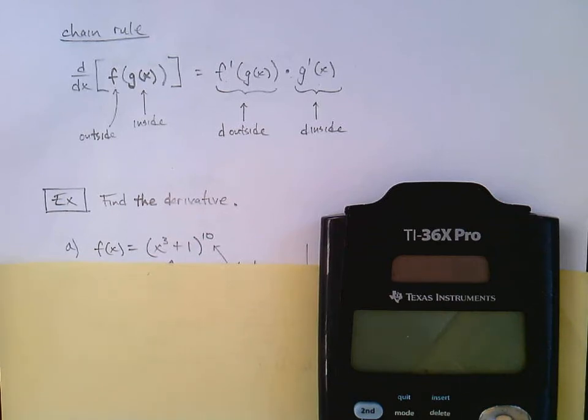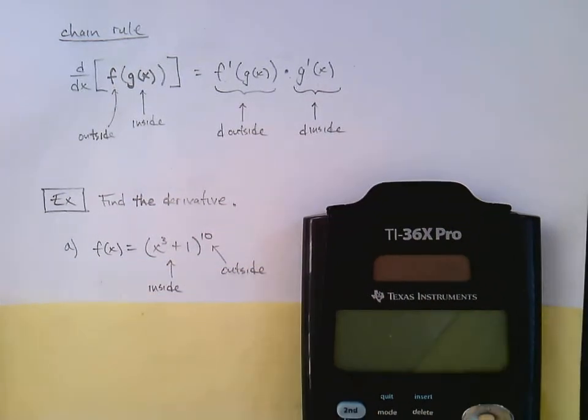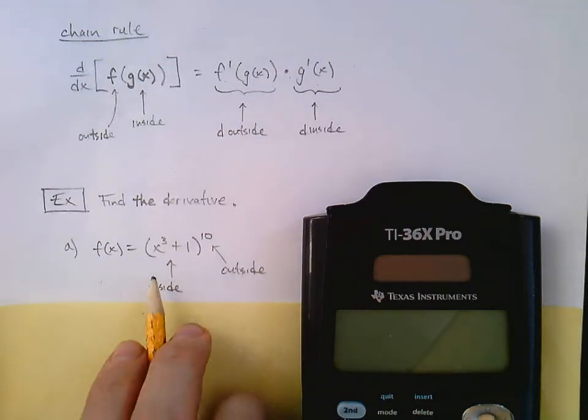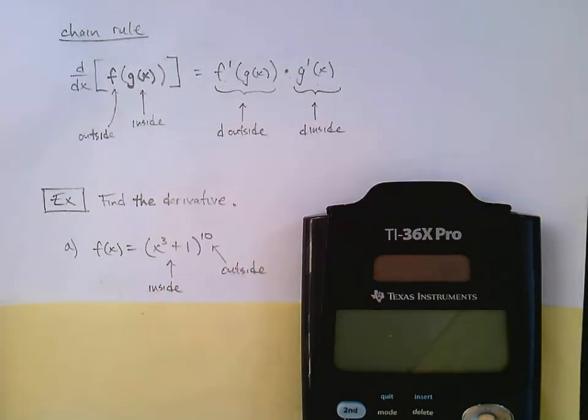We already talked about that a few minutes ago, but let's remind ourselves. For the quantity x to the third plus 1 to the 10th, what is the inside and what is the outside? Well, the inside is the x to the third plus 1. The outside is the 10th power.